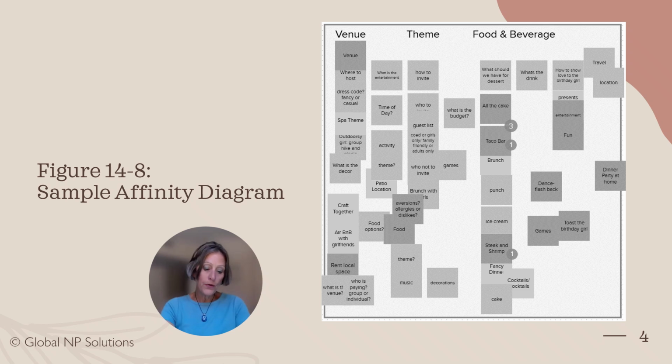Note that dot voting, another convergent thinking technique used in design thinking, was further clarifying ideas for the birthday party example. In figure 14-8, the idea of a taco bar gained the most votes and was highest, with the second selection of food and beverage as steak and shrimp. How about steak and shrimp tacos?